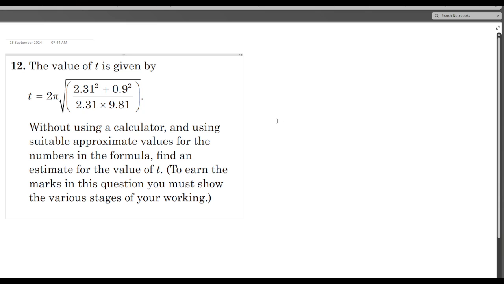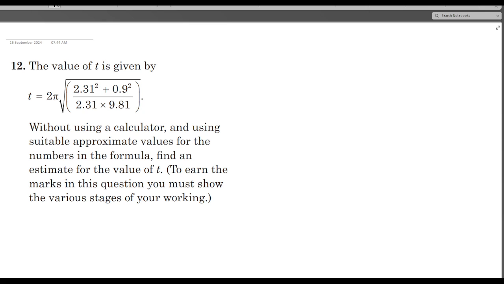The value of t is given by 2 pi square root of 2.31 squared plus 0.9 squared divided by 2.31 into 9.81. Without using a calculator and using suitable approximate values for the numbers in the formula, find an estimate for the value of t. To earn the marks in this question, you must show the various stages of your working.